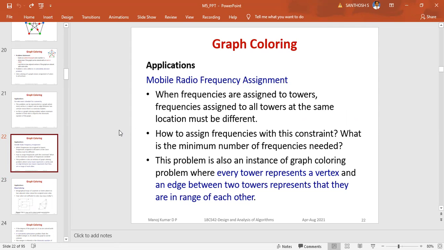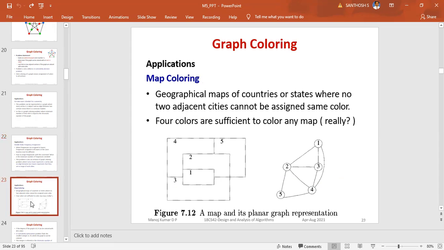Frequencies assigned to all towers at the same location must be different. How to assign frequencies? What is the minimum number of frequencies needed? This problem is also an instance of graph coloring where every tower represents a vertex and an edge between two towers means they are in range of each other.